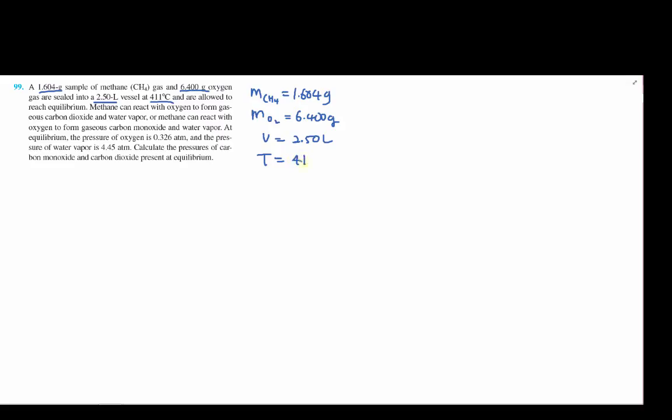And also I'm going to show the Kelvin temperature by adding 273.2, and you should get 684.2 Kelvin.